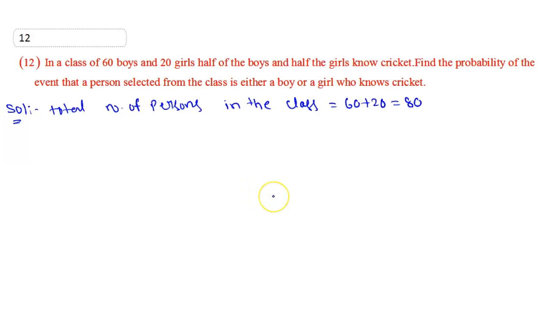So here in this condition, for n of S, we need to take a boy or a girl. A boy or a girl, in the sense we need to take one, right? Let n of S is equal to 80C1, that is equal to 80, right?